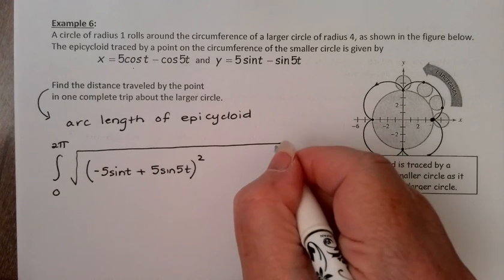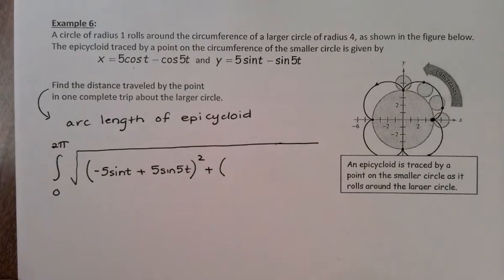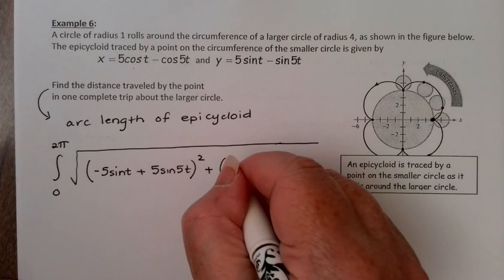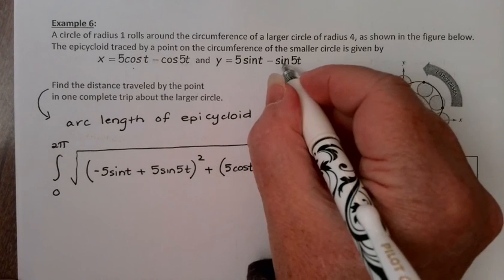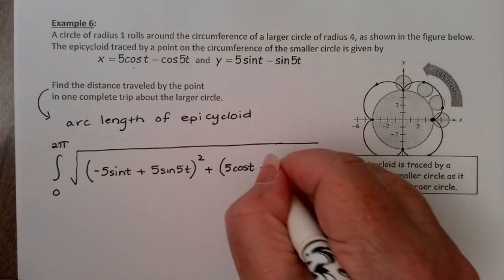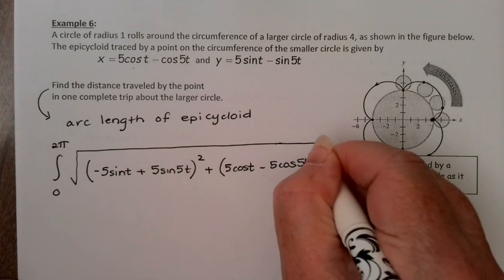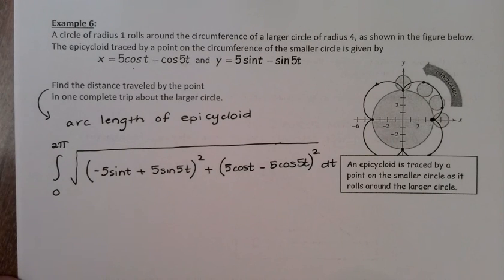And that gets squared. Plus the y derivative, dy dt. That'll be 5 cosine t minus 5 cos 5t. Squaring that, dt. And again, a really ugly integral.